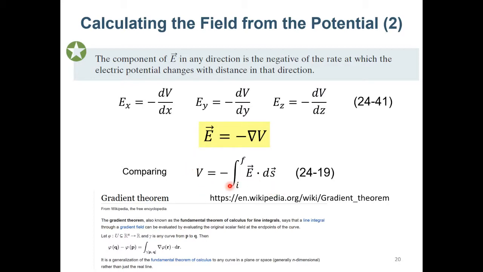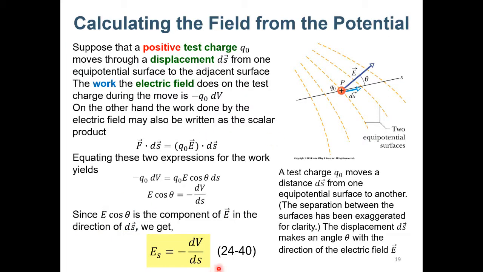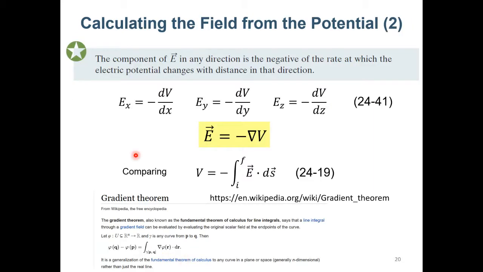We have V equals this term, and we can write E equals the negative gradient of V. For this one, it is in one dimension, but generally we can write it in three dimensions. In the textbook, it only shows these three separately: Ex equals minus dV/dx, Ey equals minus dV/dy, Ez equals minus dV/dz. But you can write it like this using the gradient.